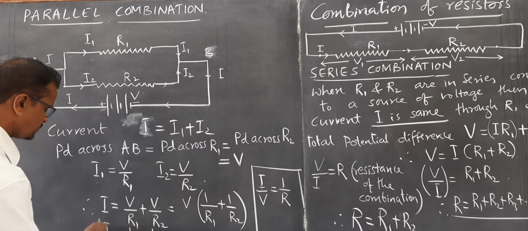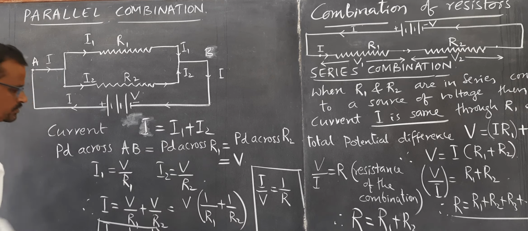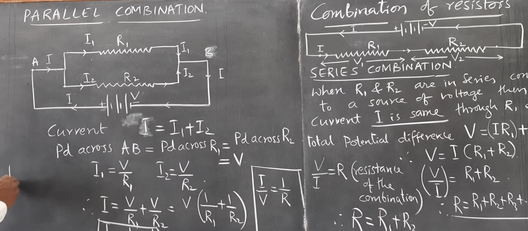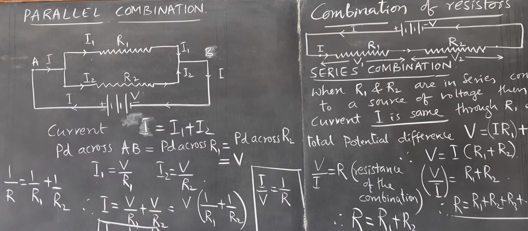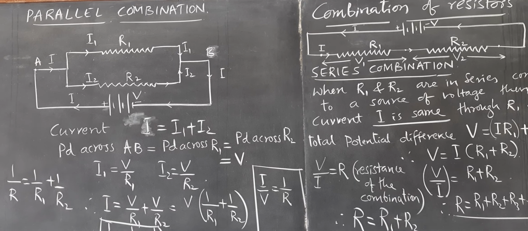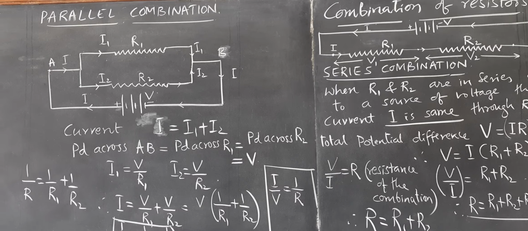That is how, when we substitute I by V with 1 by R, we finally write 1 by R is equal to 1 by R1 plus 1 by R2. So, this is the equation for equivalent resistance when the resistors are connected in parallel.